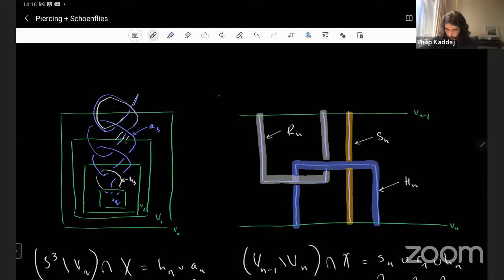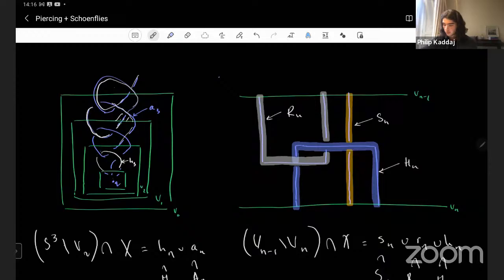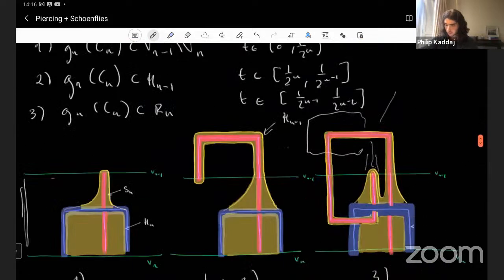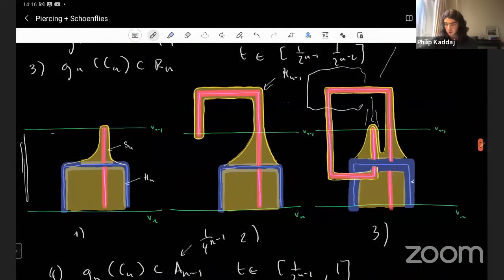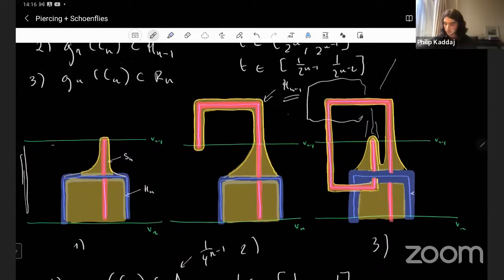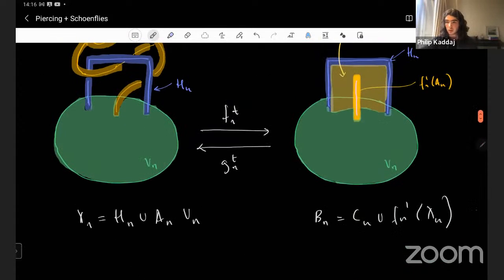And before this, it lies first in here, and then in this handle. This is the handle, this h_{n-1}, it lies in the previous, and h_{n-1} is part of the previous ball because we filled it like this.